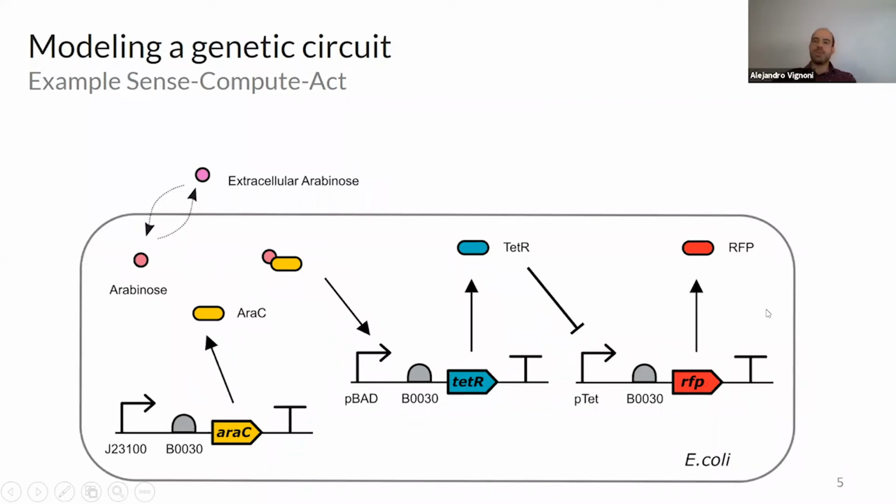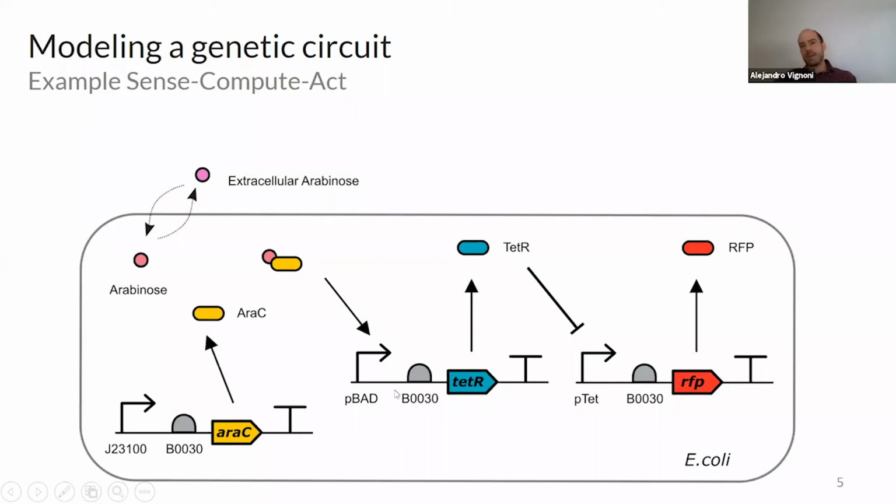So how this circuit works, we have arabinose coming from outside that we will put into the experiment, and is the thing that we want to know how much there is, what we want to sense. Then we have the PBAD promoter, which needs the transcription factor AraC to be present, which is in this case constitutively expressed. And so when arabinose comes, it binds to the AraC protein and induces the expression of the PBAD promoter.